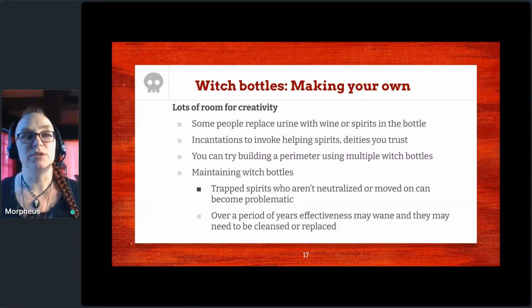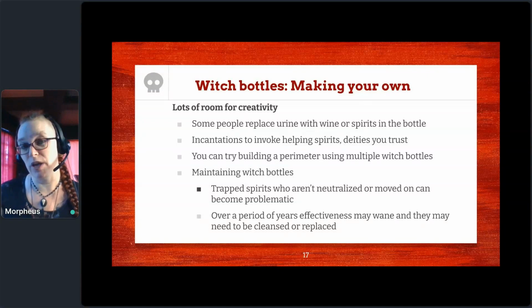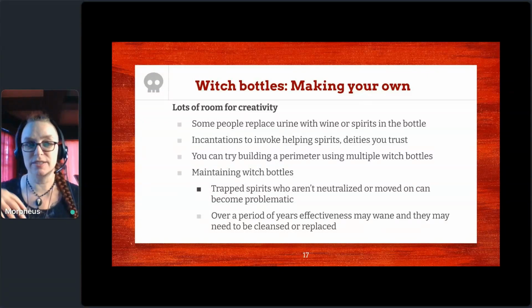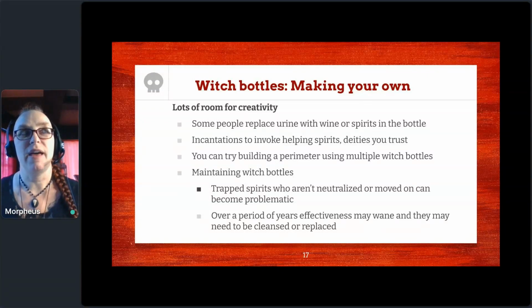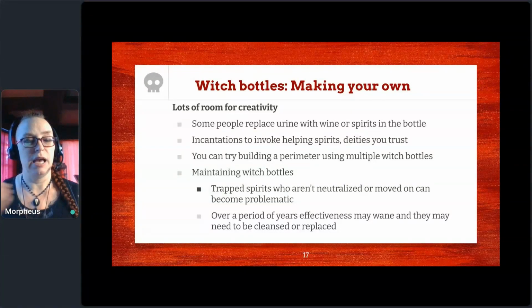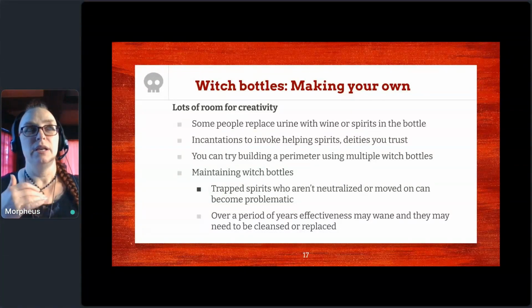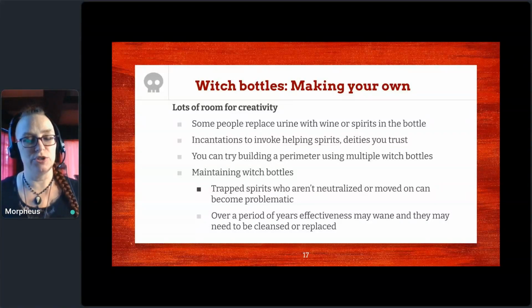I often, when I do these, will also use incantations to invoke helping spirits and deities that I trust, because I find that is a helpful way to bring more power to the work, and also to make sure that it's guided in the best way possible.